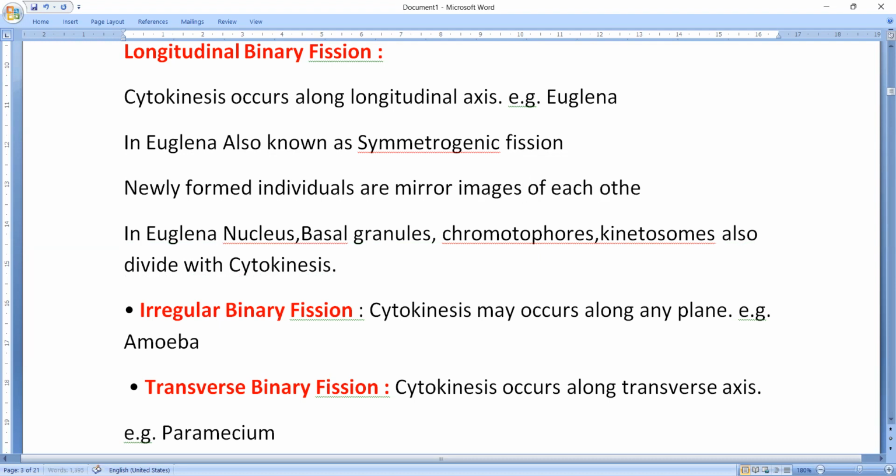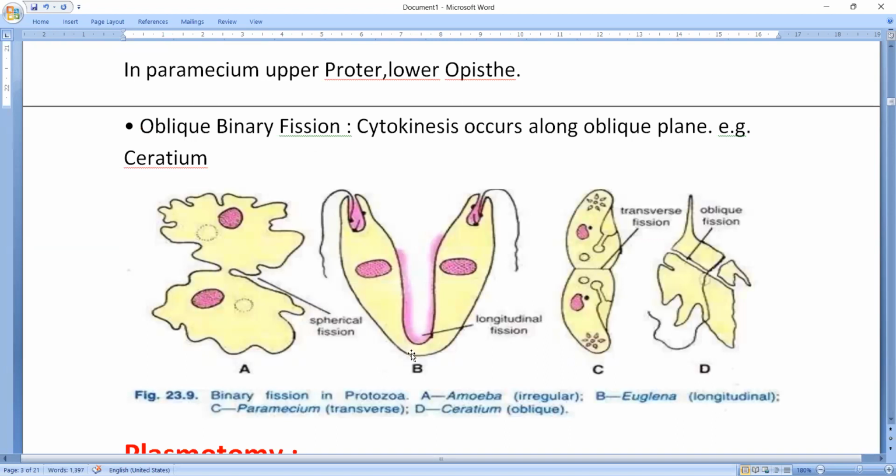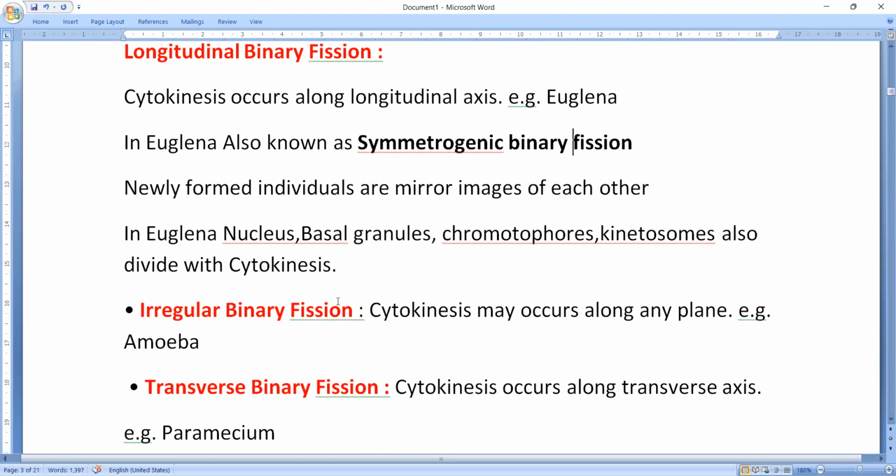That's why longitudinal binary fission is termed symmetrogenic binary fission. Do you remember, right? Here you can see the flagellum is on the left side in one and on the right side in the other, just like a mirror image. So that is symmetrogenic binary fission or longitudinal binary fission.